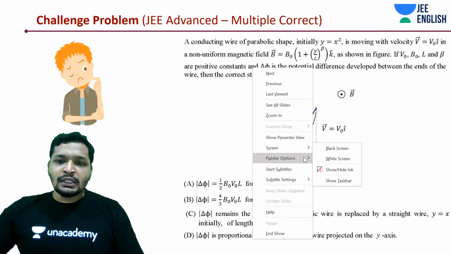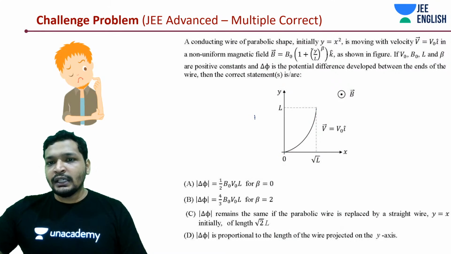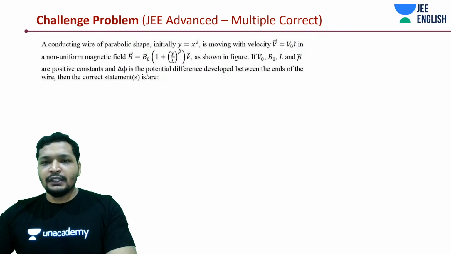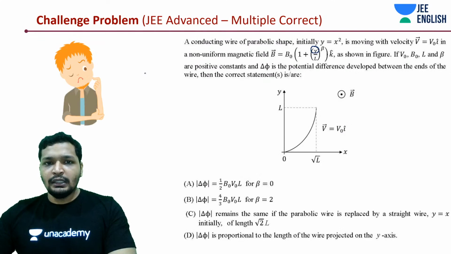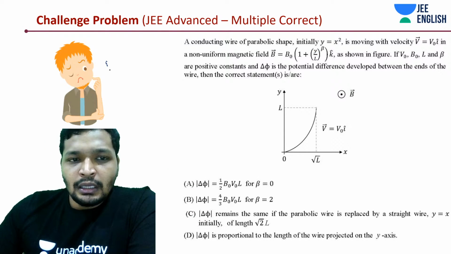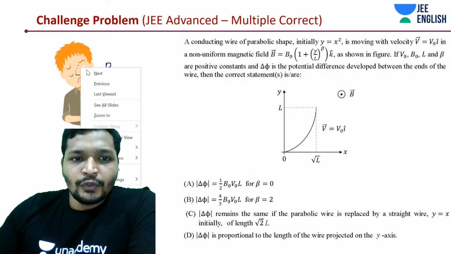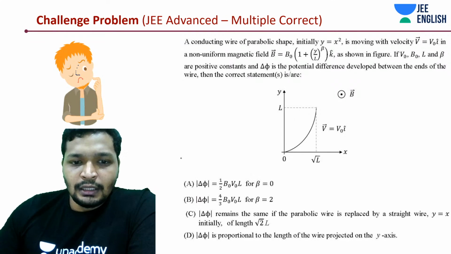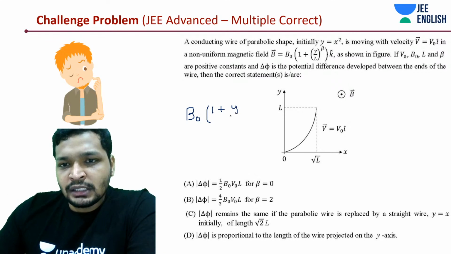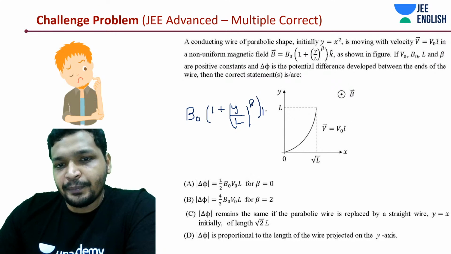But if you have noticed, your magnetic field is only changing along the y-axis. If this is not clear, I'll write it down again. Your magnetic field's equation is given as B naught, the vector part I'm not writing, times 1 plus y by L to the power beta, k cap.